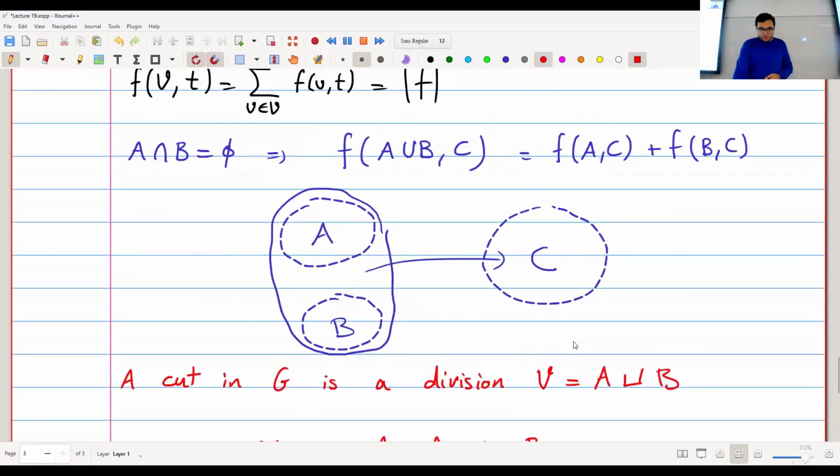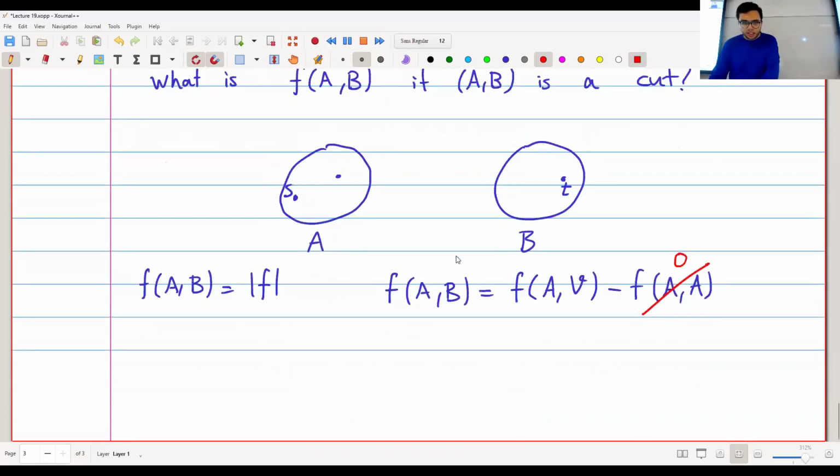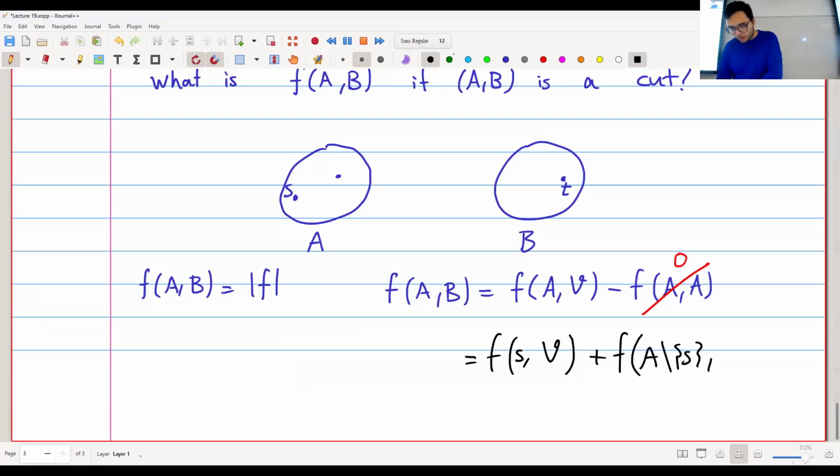But I can break it like this now. I can say, well, A has two parts. I have the source and I have the rest of A. So this is the flow from the source to all the vertices plus the flow from the rest of A to all the vertices. And I claim this second one is also 0. Why is this 0?